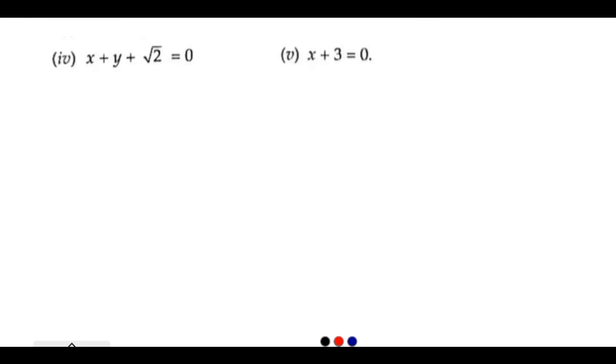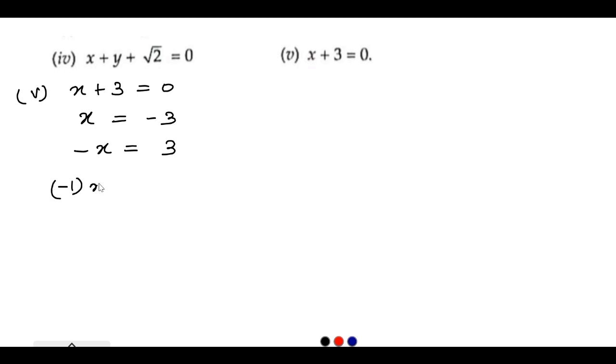Now fifth part, x plus 3 is equal to 0. X is equal to minus 3, means minus x is equal to 3. You can write minus 1 into x plus 0 into y is equal to 3.